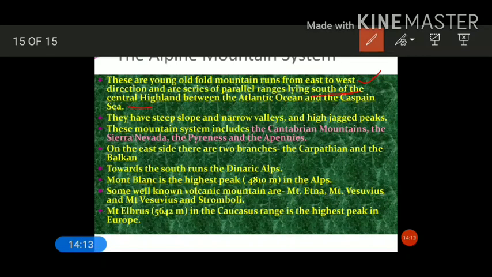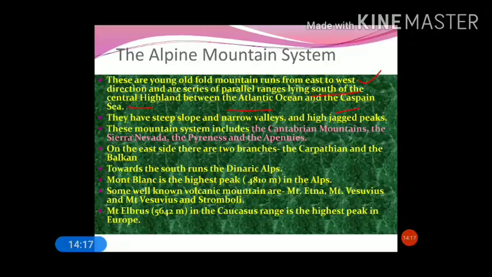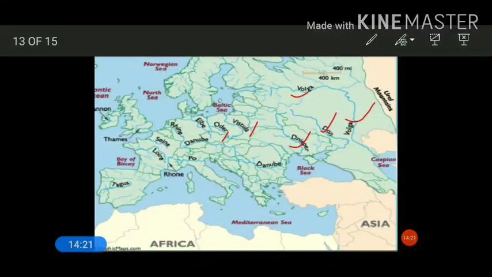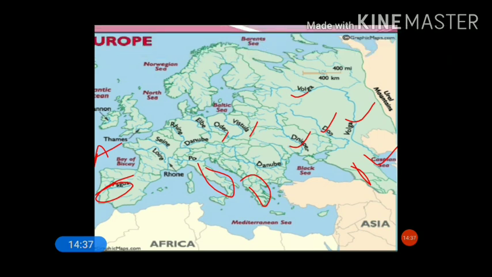So between the Atlantic Ocean and the Caspian Sea, you can also see in the map here down. Okay, this is the Atlantic Ocean, and this is the Caspian Sea. So in between these two, there are series of parallel ranges in these areas. These are all part of the Alpine mountain systems.